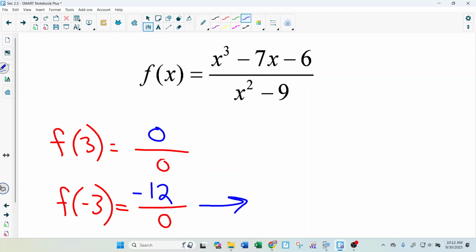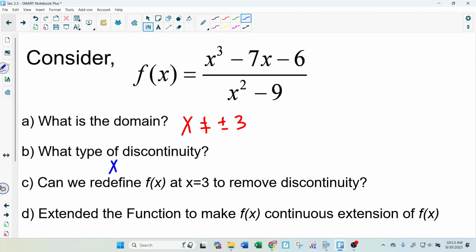But because we get a number over 0, that's telling us we are getting an infinite discontinuity because we're going to have a vertical asymptote. We're not getting into whether it goes to positive or negative infinity. We haven't got to that part yet. We could do our limits approaching from the right and all that kind of stuff. But because we have a number over 0, we know at x equals negative 3, we have an infinite discontinuity.